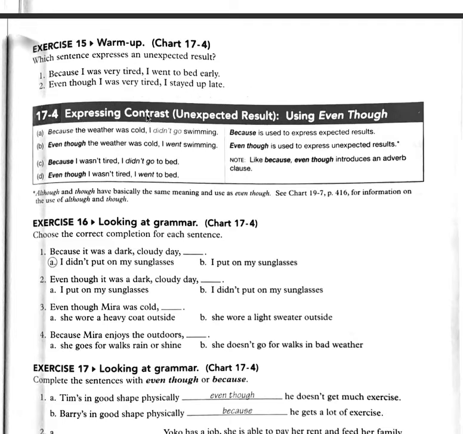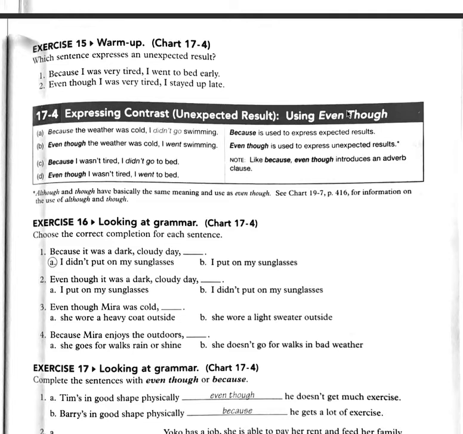And this is what we're going to be looking at right here on chart 17.4. Expressing contrast, unexpected result using even though. So that's one thing we have to remember. Even though gives us unexpected result. Okay? And because gives us expected result.